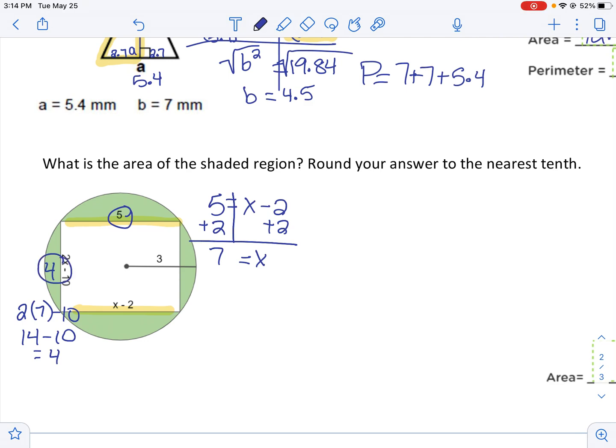So the area of the rectangle is length times width, which is 4 times 5. So my area is 20. Okay, and then I need to find the area of the circle, which is pi r squared. My r is 3.